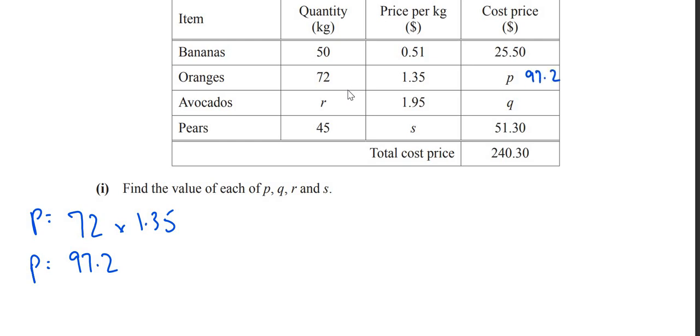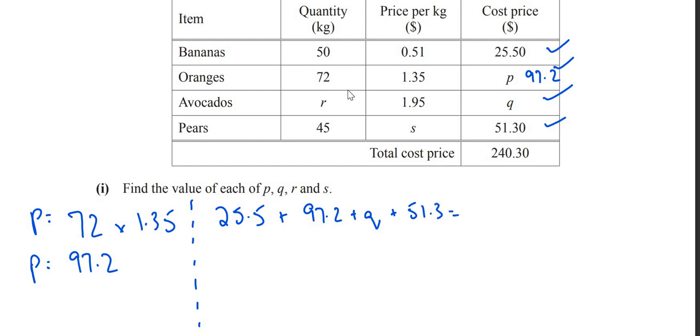Next we have to find the value of Q. If you look at the question, we have the total cost price for bananas, oranges, avocados and pears, and the total price is 240.3, which means that when we add 25.5 plus P, which is now 97.2, plus Q plus 51.3, the total price is 240.3.